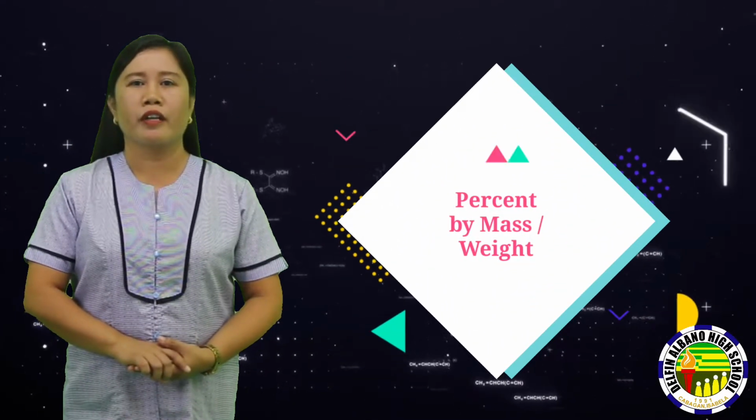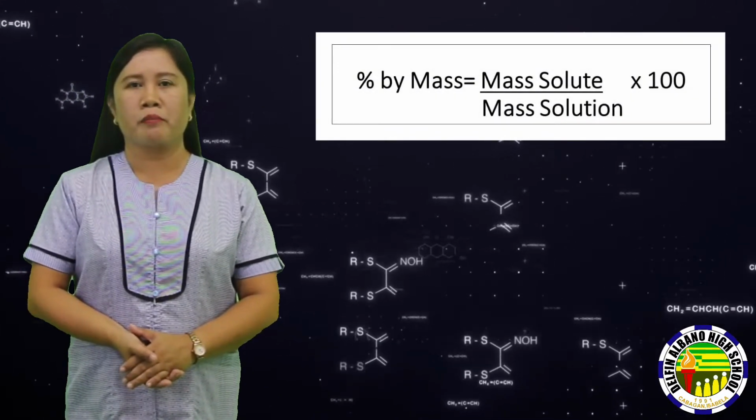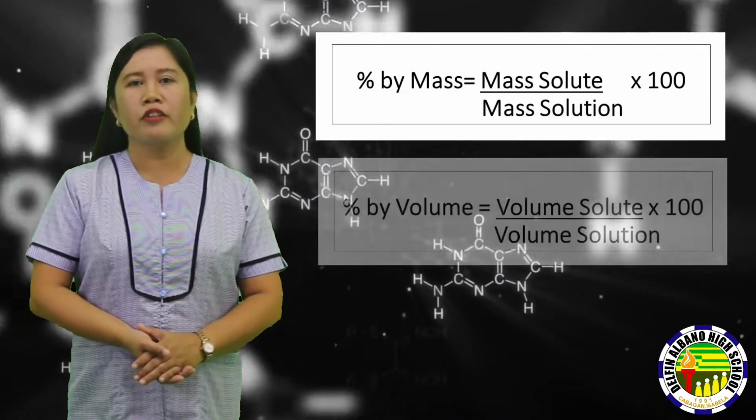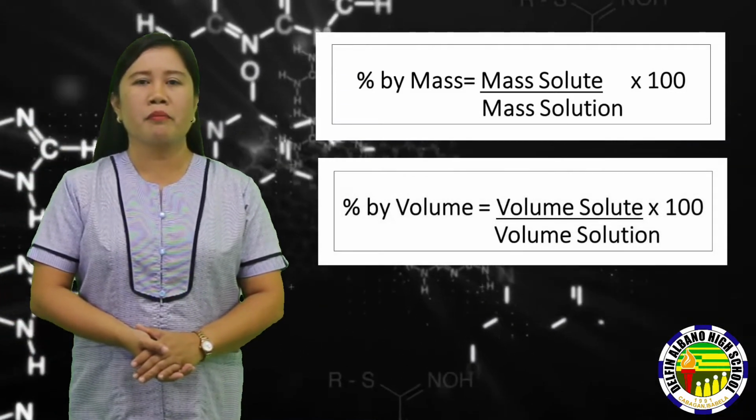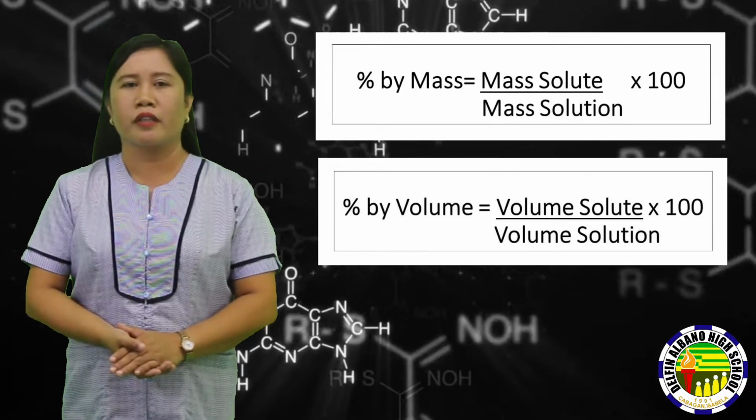Percent by mass can be expressed mathematically. Mass percent equals mass of solute divided by mass of solution times 100, or mass of solute divided by mass of solute plus mass of solvent times 100.